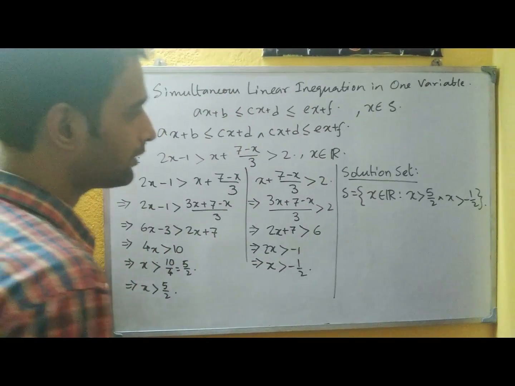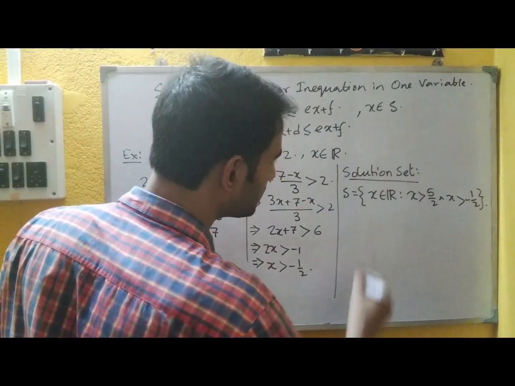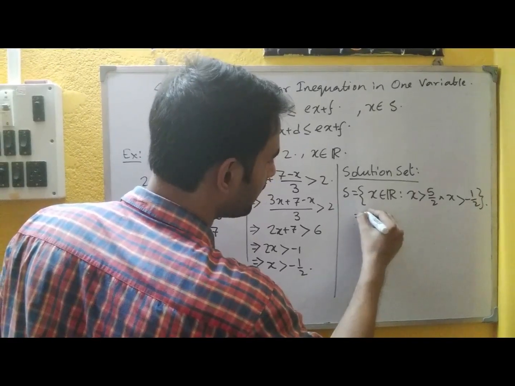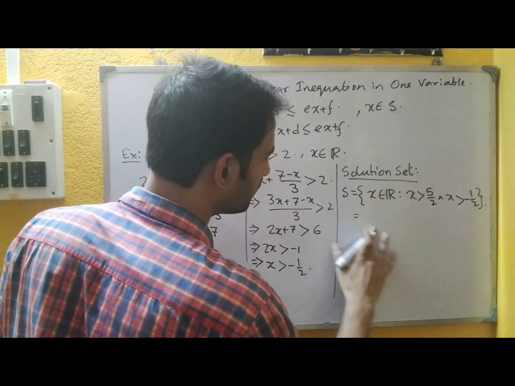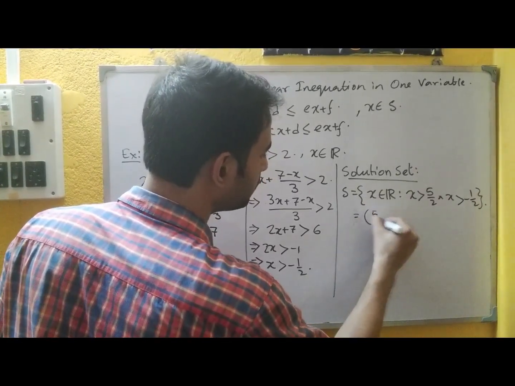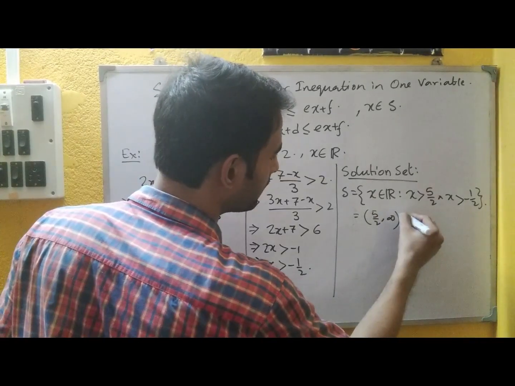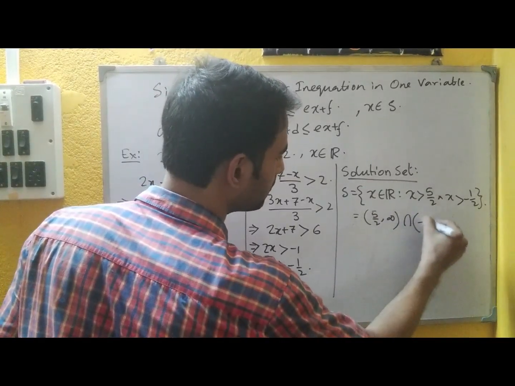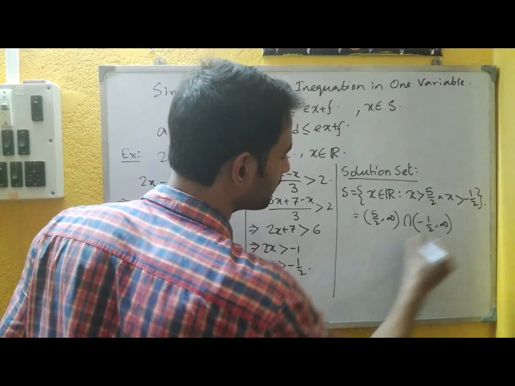If you take the intersection, it will be the intersection of (5 by 2, infinity) and (minus half, infinity).